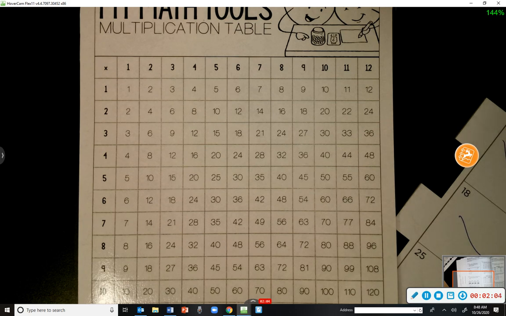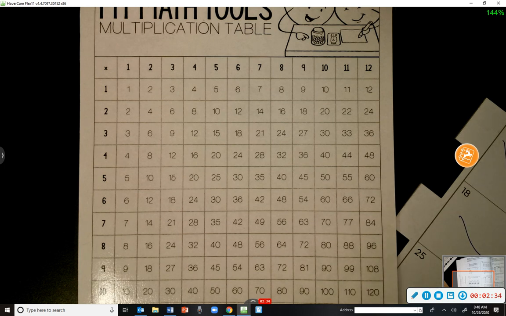But how many of you would feel so much better if you could just know your fact right off the bat without having to do all that extra work? Yes, I agree. It's going to make your life so much simpler if you can memorize these facts with fluency. That means you can do it quickly without having to think or count or add up numbers in your head, okay?